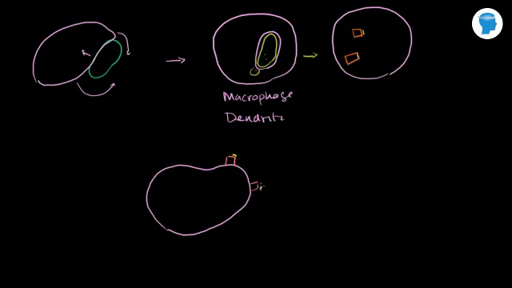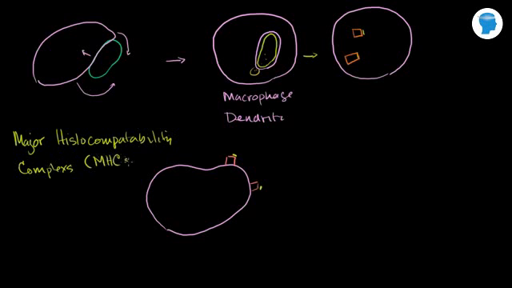So it has a little bit of the original pathogen on it that I drew in green right here. And these proteins right here are called, and it's a fancy word, and I talked about it in the previous video, major histocompatibility complexes, or MHC for short, MHCs.